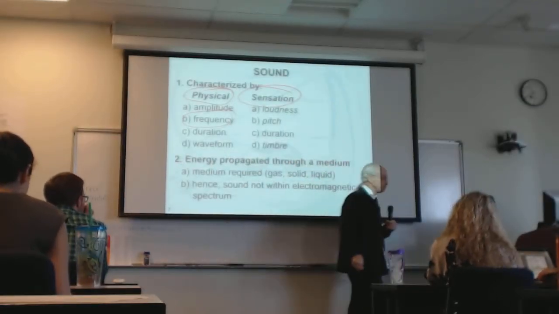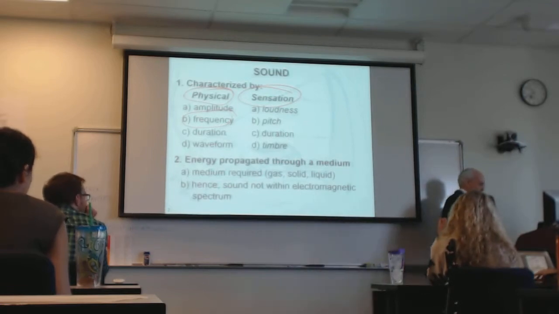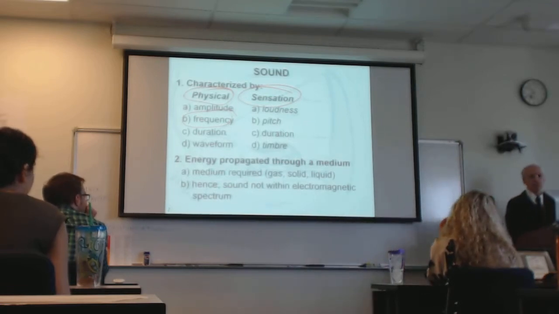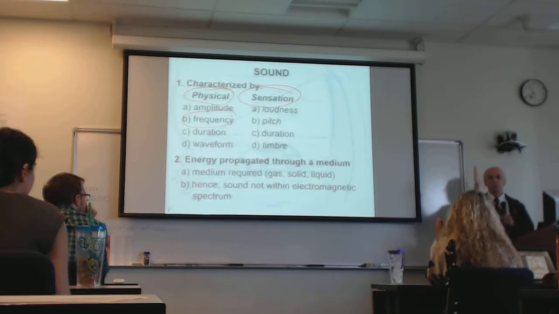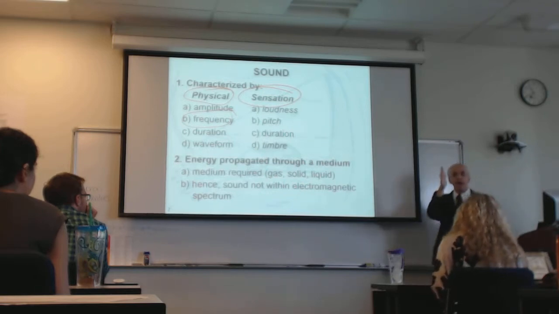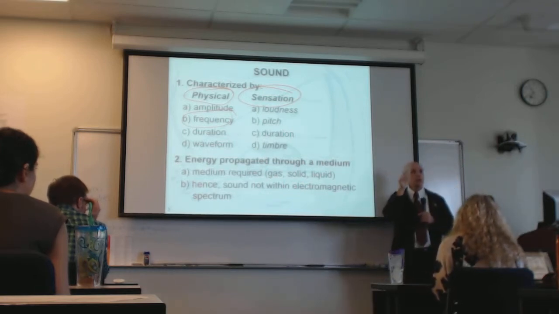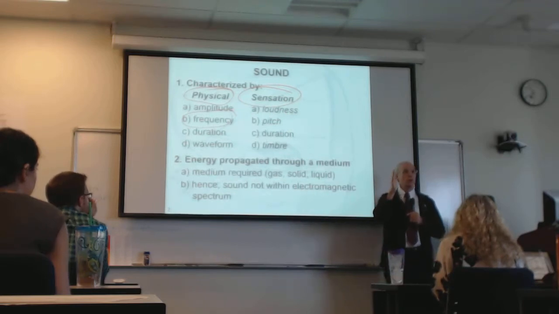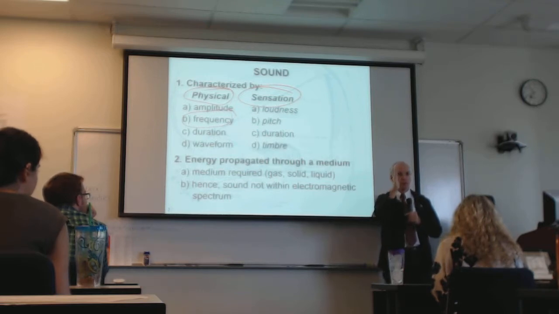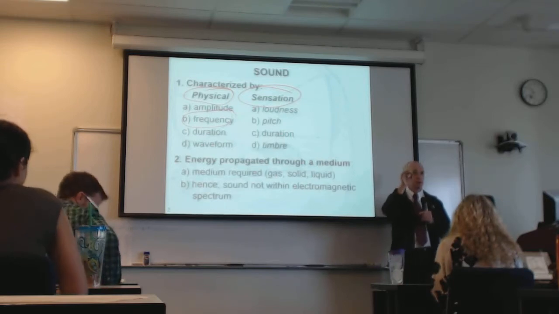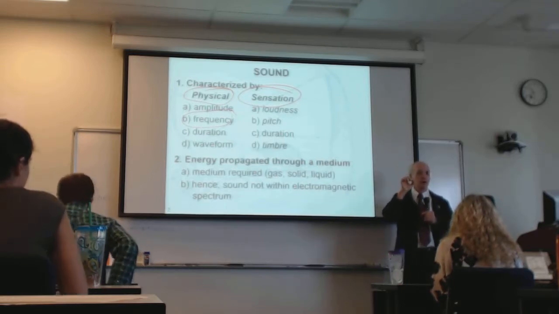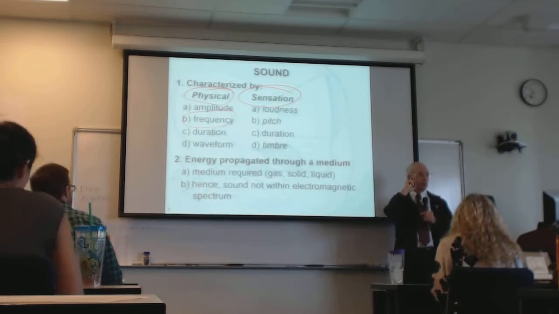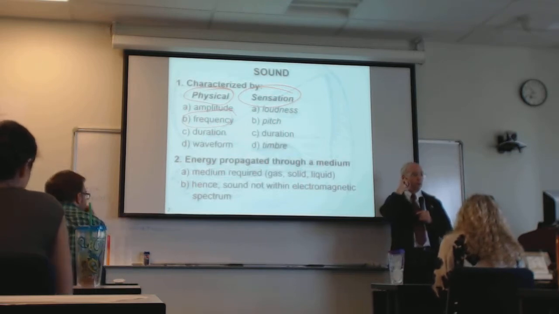Have you ever wondered, and we're not going to answer this right now, how that little diaphragm in your cell phone, moving back and forth, is able to communicate to you everything from a cricket chirp to a symphony? How is that possible? What can that little diaphragm do that is responsible for all those changes, that enable you, for example, to discriminate a trumpet from a saxophone? And if you think about it, your eardrum is doing the same thing.